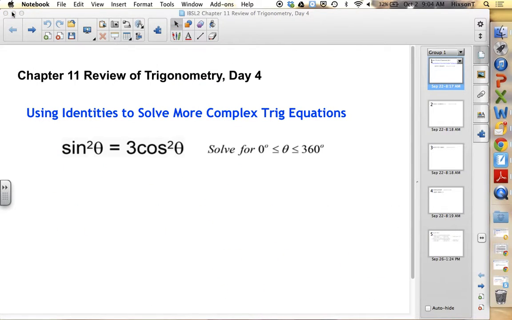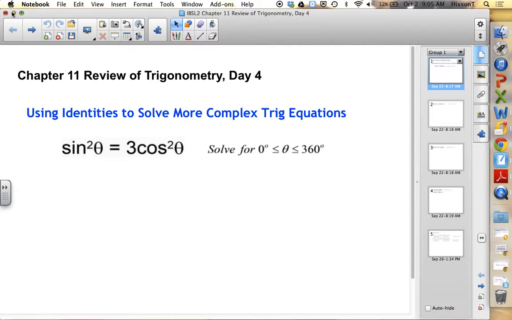So let's take a look at what I want to do today. Really, it's just a matter of solving some more complex trig equations. We've kind of come full circle now. If you remember, Monday of last week, the first thing we started with was solving the basic trig equations and using those reference angles to solve them.